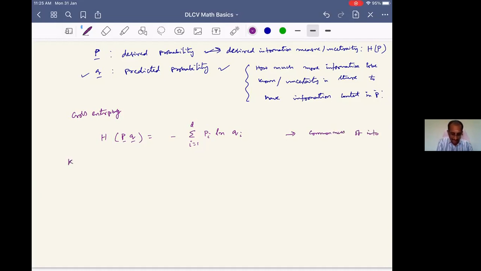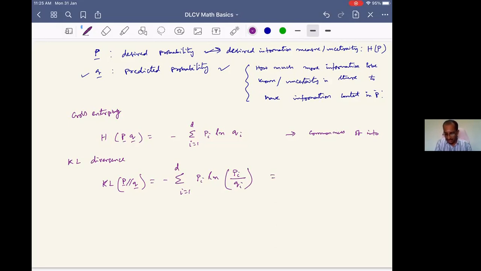So KL-Divergence, if we define it, this is how it is usually written. I will define it first. This is how KL-Divergence is defined.